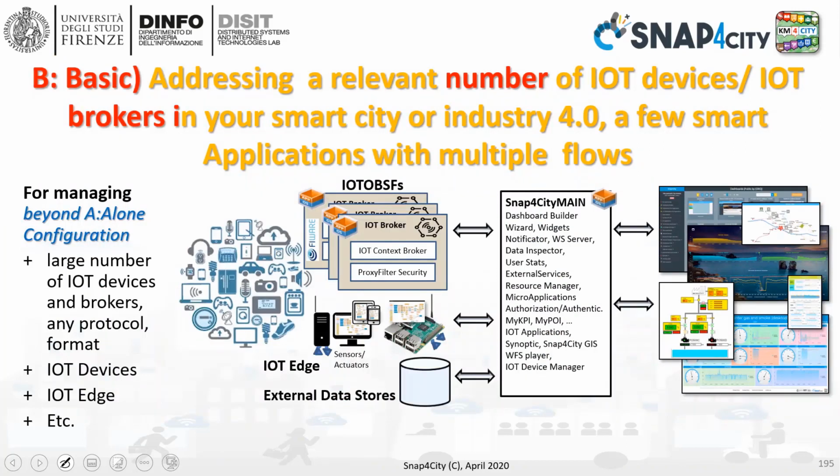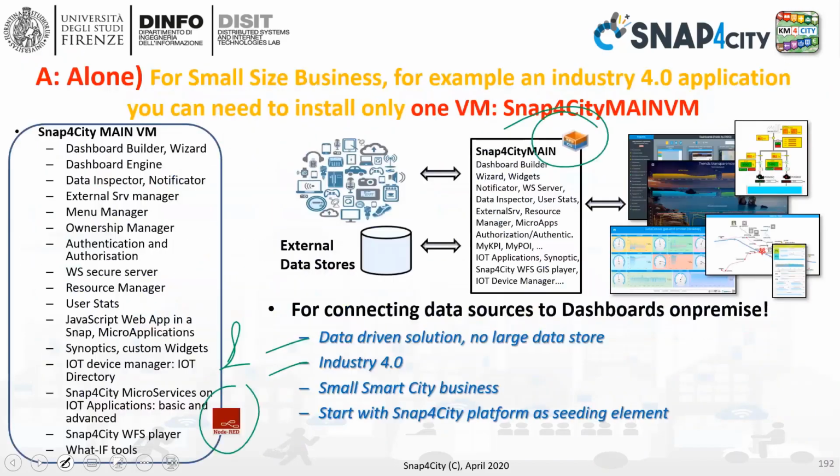Basic configuration adds to the previous one the possibility to add the IoT brokers. In the previous one, it's supposed that you are going to read the external data store directly with a query.